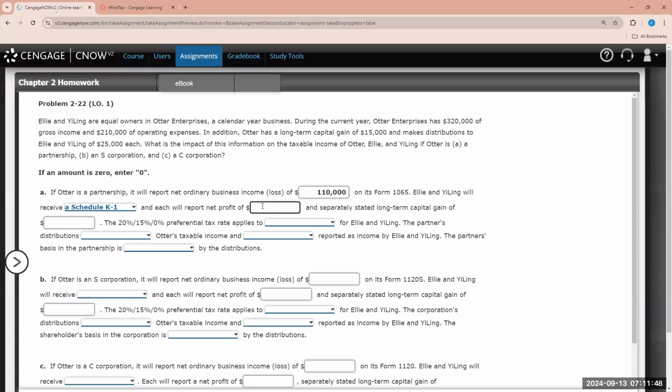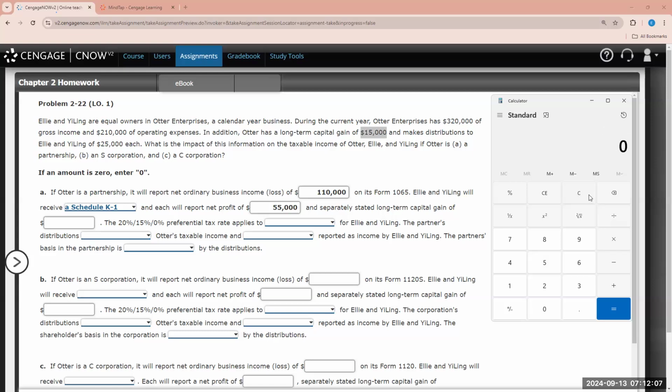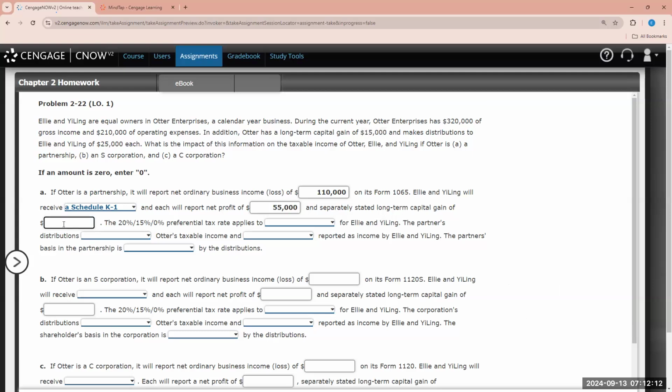Each person would report a net profit of 55,000, and separately a long-term capital gain of 7,500. How do we get that? It shows us that Otter has a capital gain of 15,000. They are 50% partners, so 15,000 multiplied by 50%. They both report 7,500. Next, it says the 20%, 15%, and 0% preferential tax rate applies to.